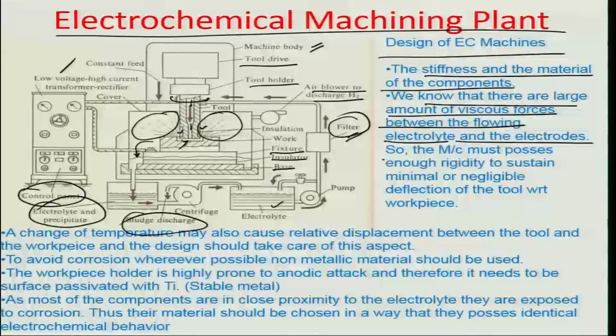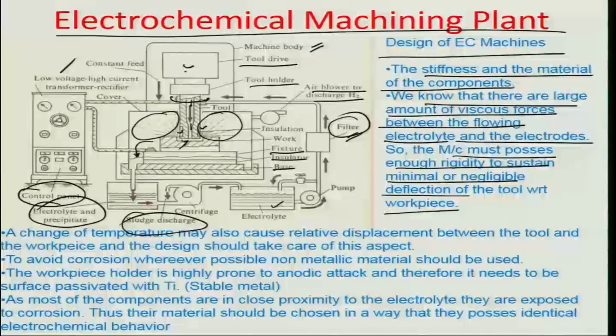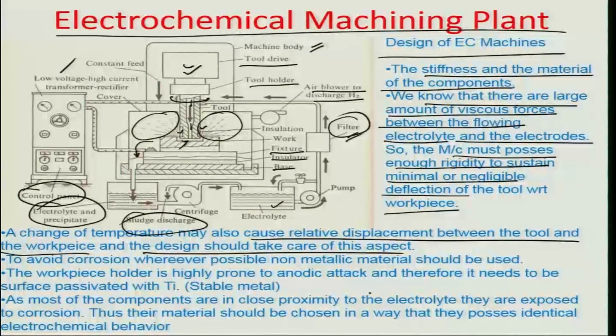So the machine must possess enough rigidity to sustain minimal or negligible deflection of the tool with respect to the workpiece, and also sustain any kind of vibrations which may be put in by the tool drive unit or the motor because of its imbalance. A change of temperature may also cause relative displacement between the tool and the workpiece. Design should take care of this aspect.